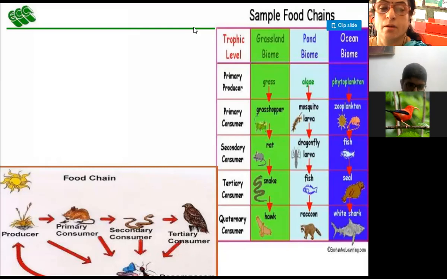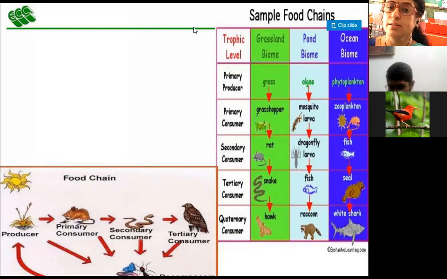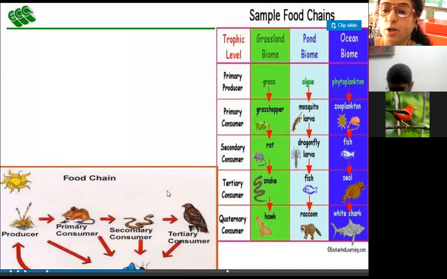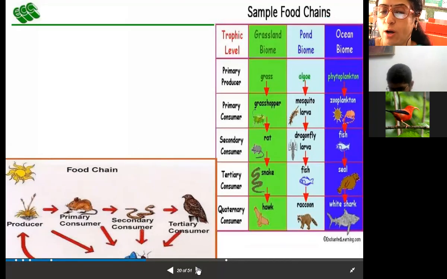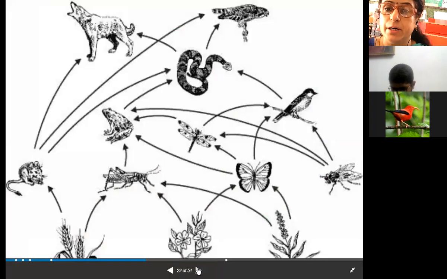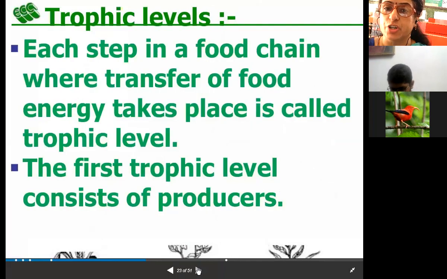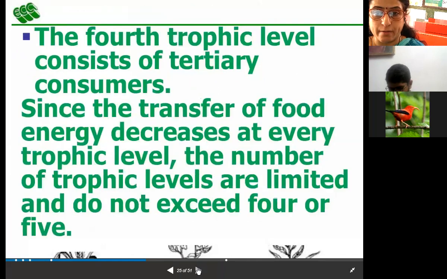If you require more explanation, I can give it. Yes, class, have you been able to understand what the 10% law is? Yes, ma'am. Because as per the 10% law, only 10% of the available energy is transferred from one trophic level to another trophic level.